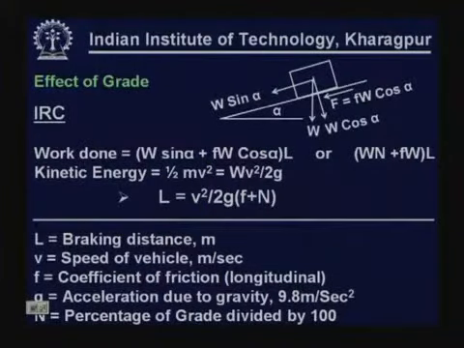Look at this sketch where W is the weight of the vehicle and alpha is the slope. Here if we consider an upward slope, then this weight we can split into two components, W cos alpha in the perpendicular direction and W sin alpha in the parallel direction.